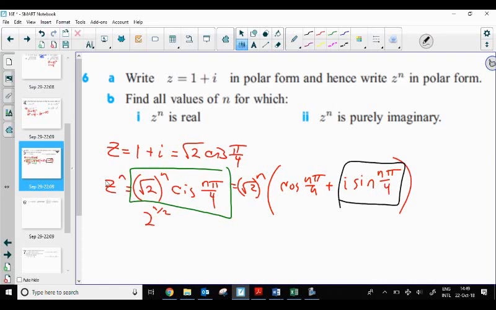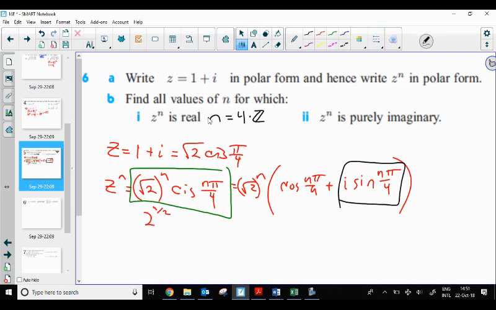And for that to be equal to 0, what does n have to be? Well, we know that sine is equal to 0 whenever we are taking the sine of an integer multiple of pi. So in this case, to have an integer multiple of pi, we need n to be equal to 4 times some integer.